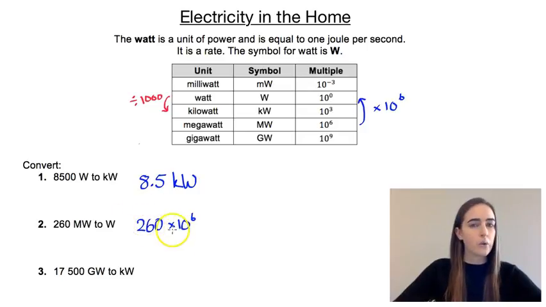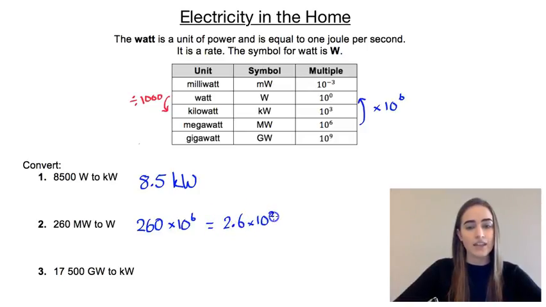But we want to write that whole thing in scientific notation to make it a little bit neater. So 260, we'd write that as 2.6 times 10 squared, because that decimal would have had to move 2 places. And then we've also got that times 10 to the power of 6 on the end. So that's going to become 2.6 times 10 to the power of 8, because we add those indices.